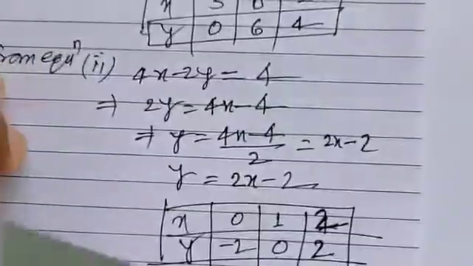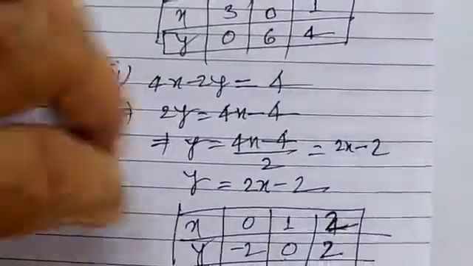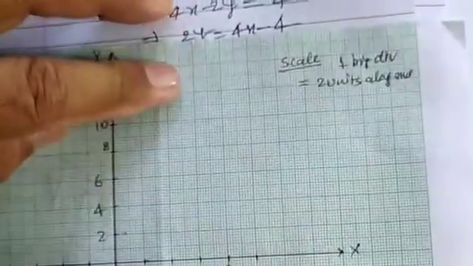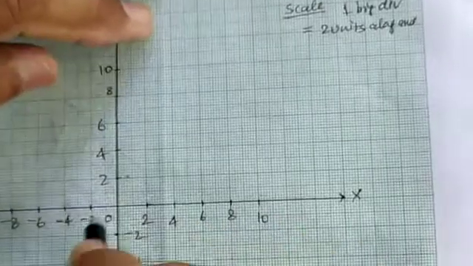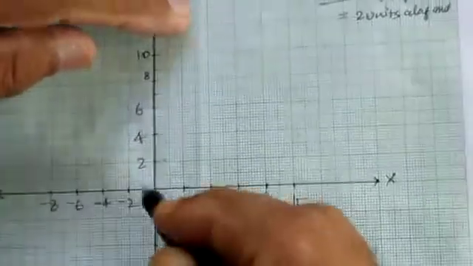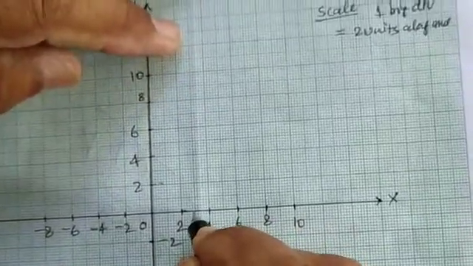Here we can plot like this. First equation I am plotting: x is 3, then y is 0. So here one big division equals 2 units we have taken. So this is (3, 0).